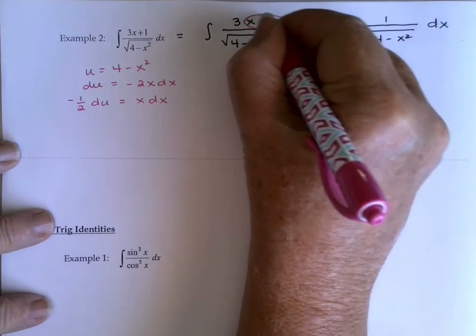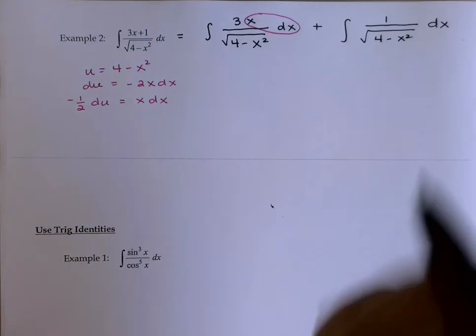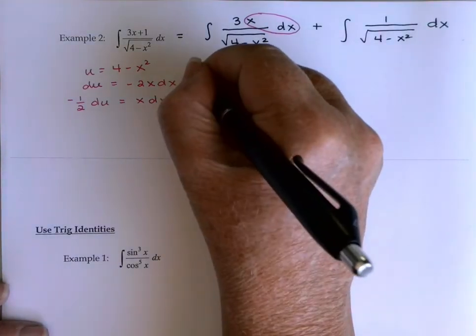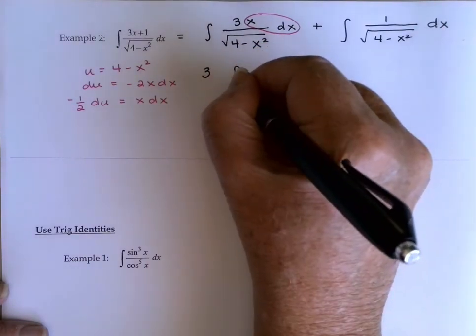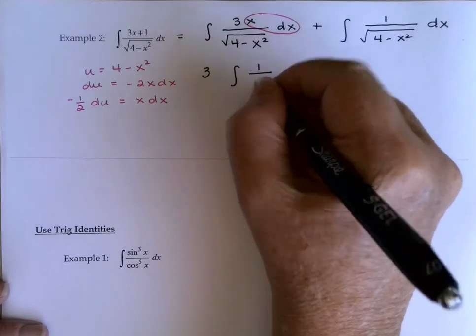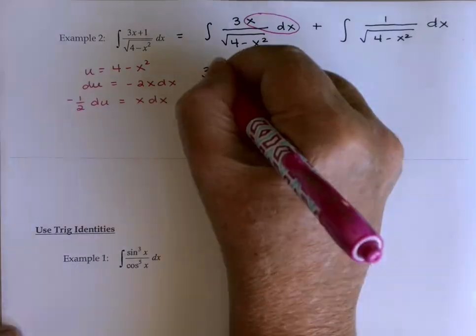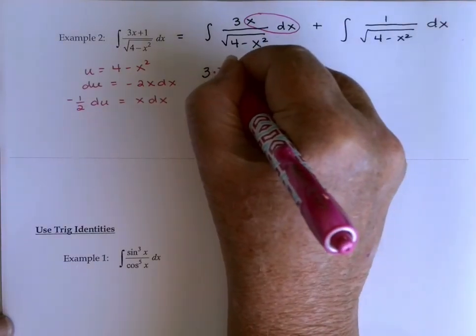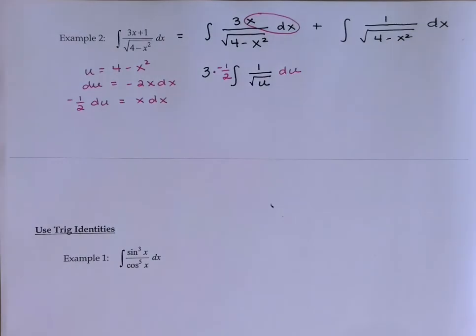So that x dx I'll be replacing with a negative 1/2 du. So I have, let's see, I'm going to pull the 3 out in front, and then I've got the integral of 1 over the square root of u. And then here's that x dx, which I'm replacing with a negative 1/2. I'll put that in front. And a du.